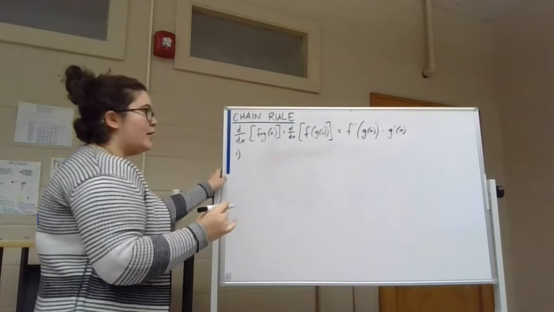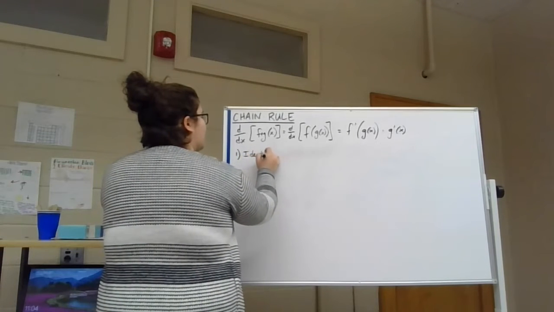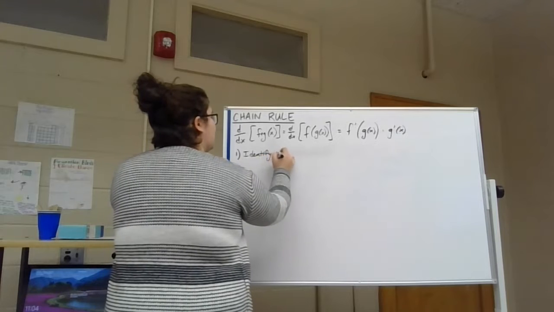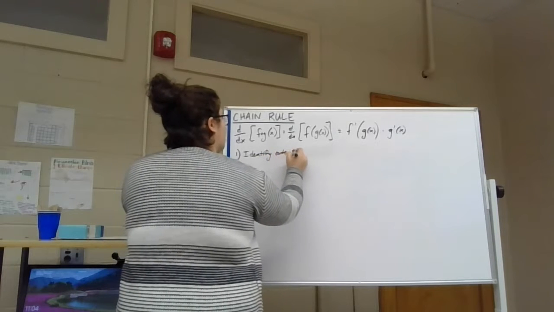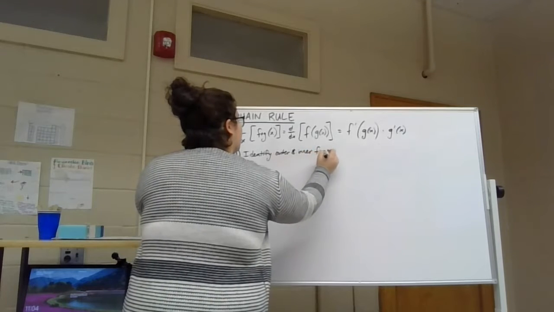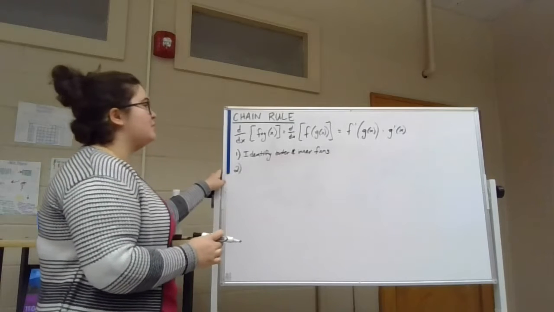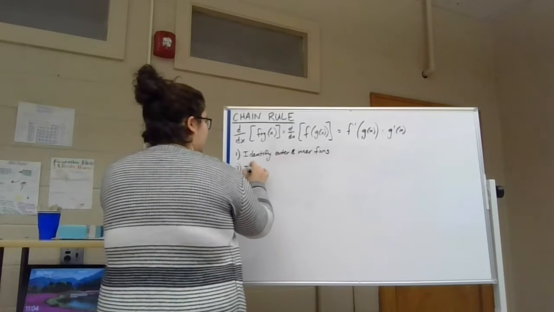So when you are attacking a problem that requires the chain rule, you'll follow three simple steps. Number one is to identify your outer and inner functions. Once you've found what your functions are, step two will be to take their derivatives.